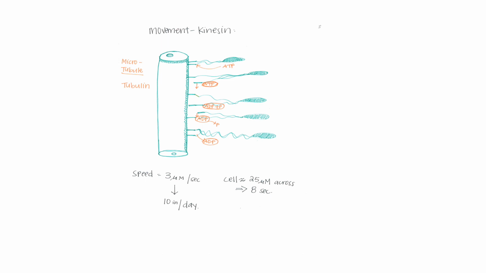And so I translate that into something that makes more sense to us. It can go 10 inches per day. So they can move 10 inches per day, which is phenomenal, I think. And then if you look at a cell, cells are different sizes, but let's say some average cell is 25 micrometers across, then it only takes 8 seconds for a kinesin molecule to move a mitochondria from one side of the cell to the next.